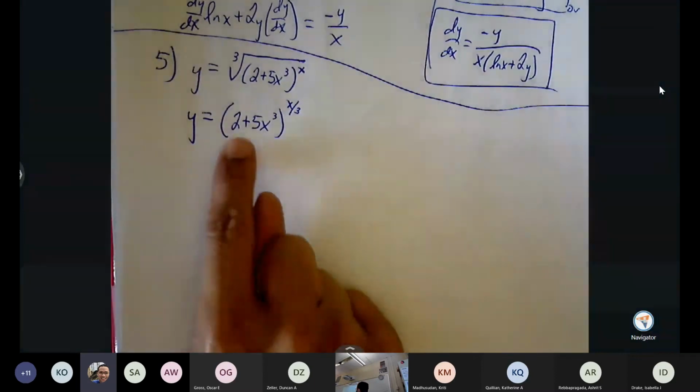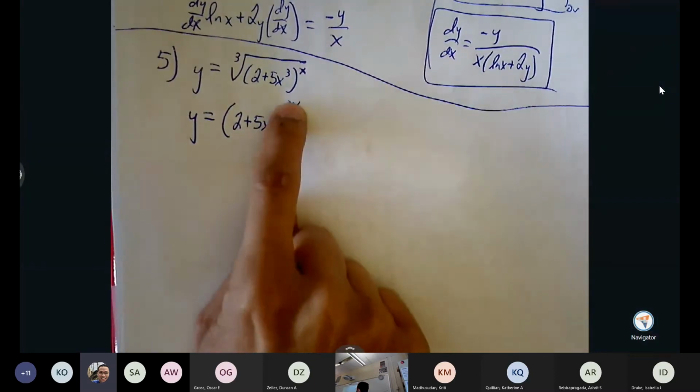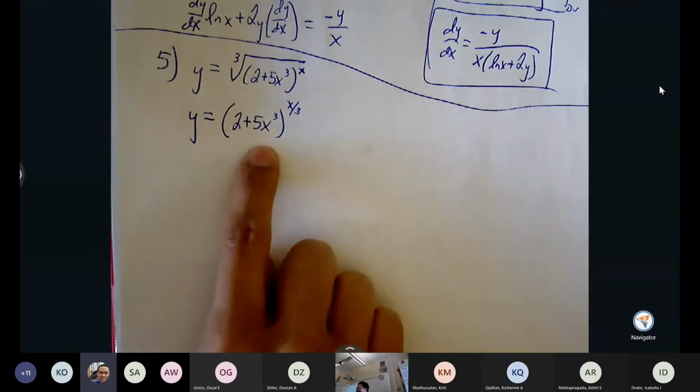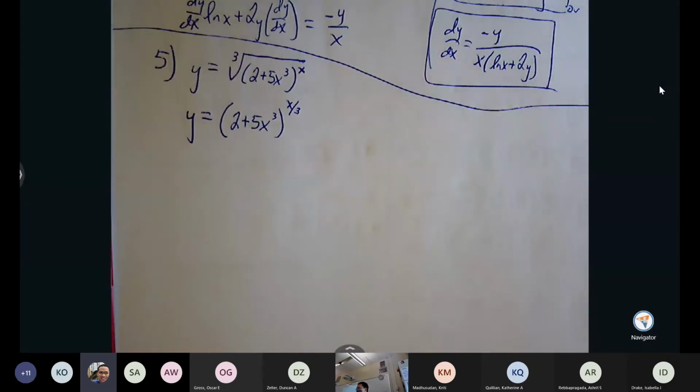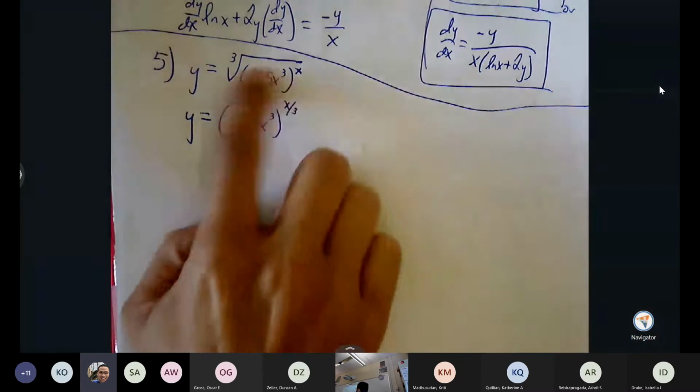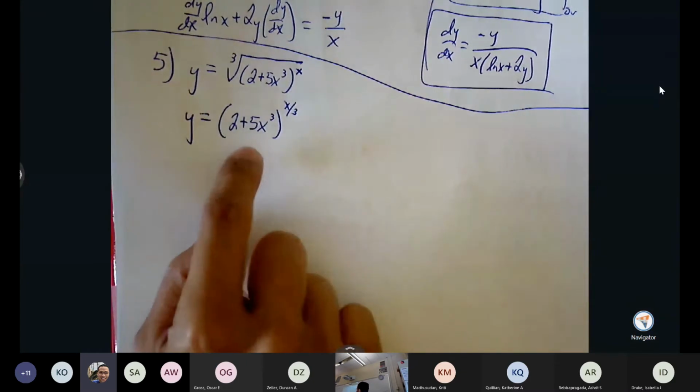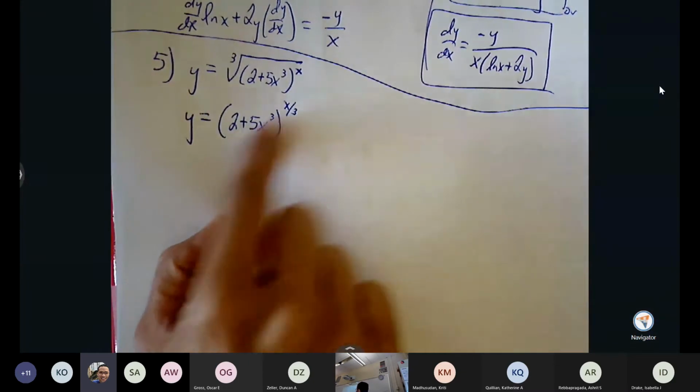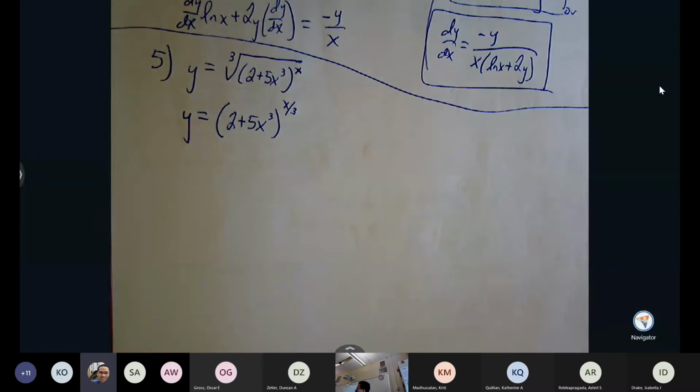The reason is because we have a variable raised to a variable. This is not the same thing as a variable raised to a constant, where we can go through power rule. So this is not going to be a power rule problem. And so there's an issue here. We don't have a specific rule that can handle a variable to a variable. So we have to find a way to work around this issue, present this in a different form.